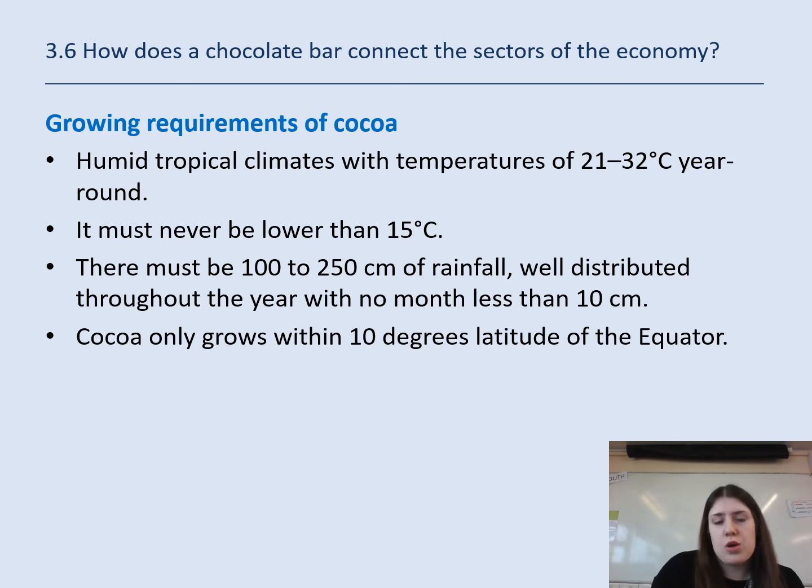Humid tropical climates just mean it's very, very damp, and also very, very warm, very similar to things like a tropical rainforest. It's going to be hot and damp. You also need a lot of rainfall, and you need it to be a higher temperature, so it can't go lower than 15 degrees.